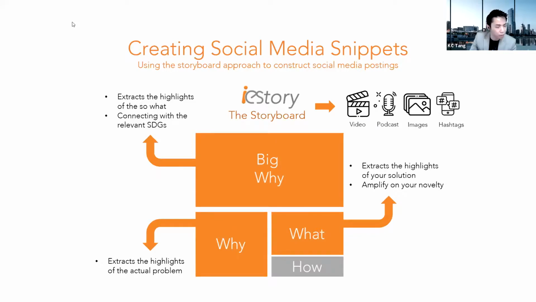I remember someone mentioned this, whether it's the ABT statement or the LOS kind of approach, it's all different terminology but serves the same purpose, where you start off by giving, of course, the problem. Why are you doing this research? Then how does your research, the novelty, provide the solution for this? And when it comes to social media snippets, you could supplement it with different images or videos or podcasts.